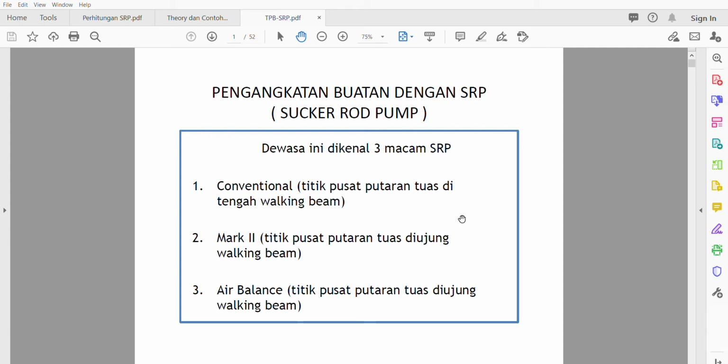First is what the Sakaratam is. The second is the calculation, and the third one is the evaluation.